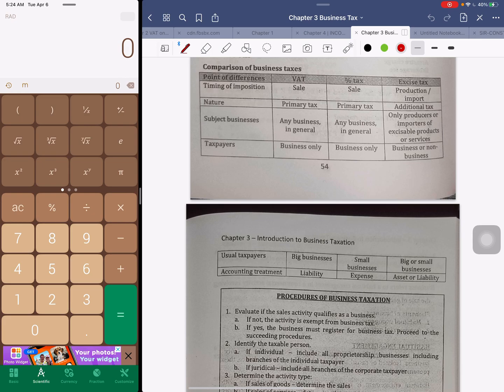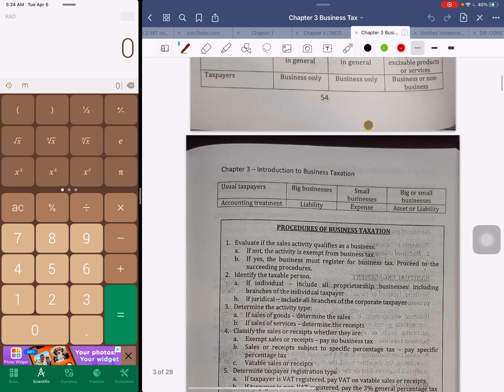Taxpayer, business only, business or non-business. So, for excise tax, no, it could be non-business, especially kung nag-import tayo and yung in-import natin is excisable goods or services, therefore, are subject sa excise tax.